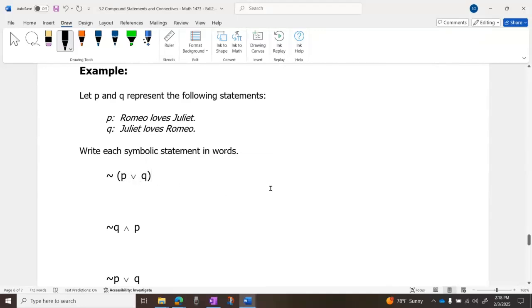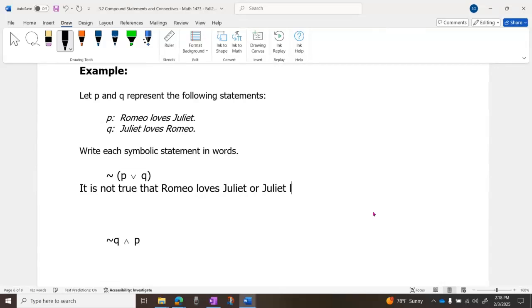Then how do we translate something like that? We can say "it is not true that." So the negation symbol, I can just translate to "it is not true that." What is not true? Whatever is inside the parentheses is not true. It is not true that Romeo loves Juliet or Juliet loves Romeo.